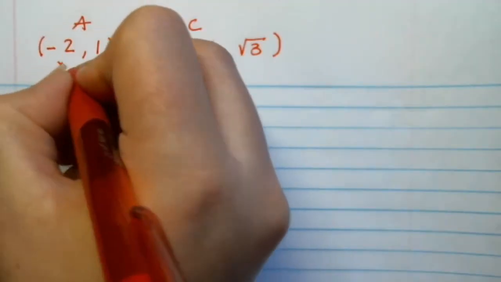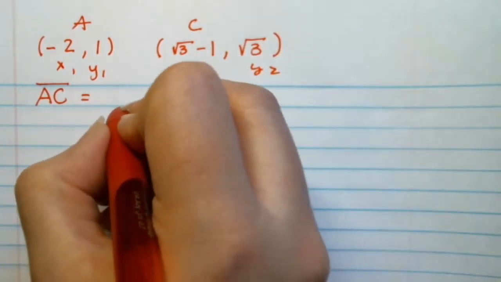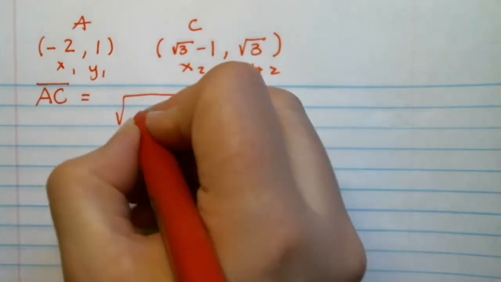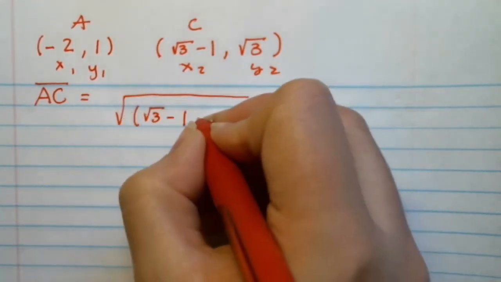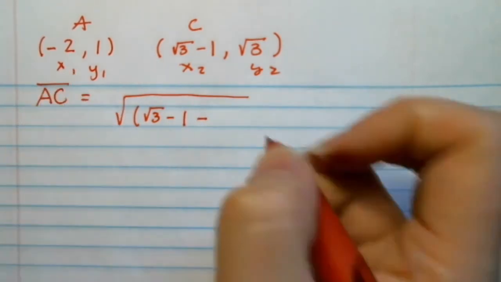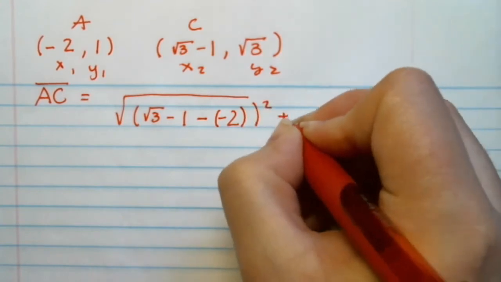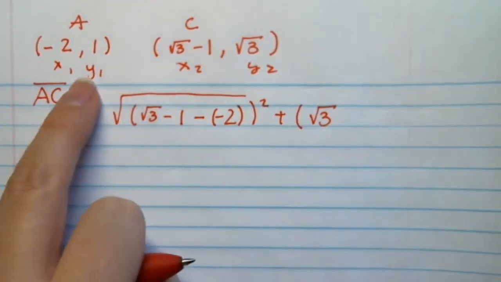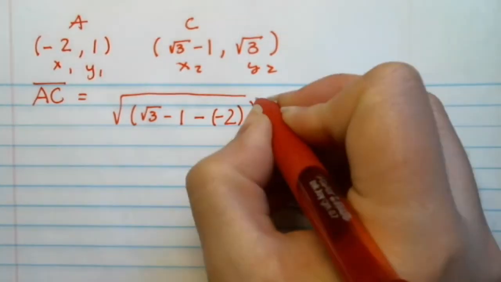So this is x1, y1, and this is x2, y2. The length is going to be the square root of (x2, or root 3 minus 1, minus x1) squared plus (y2 minus y1) squared.